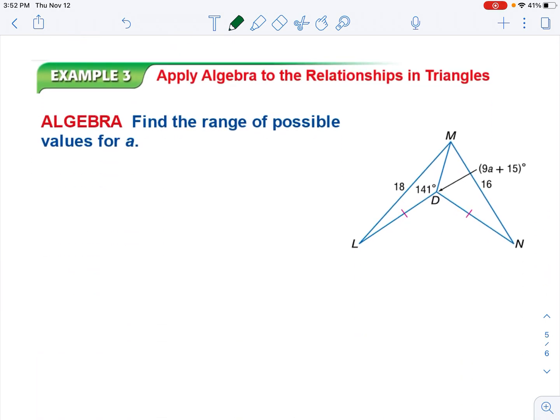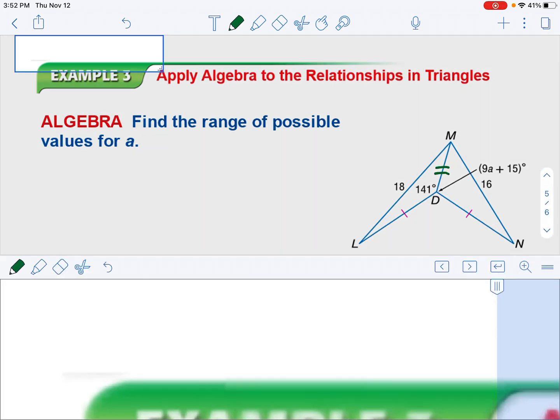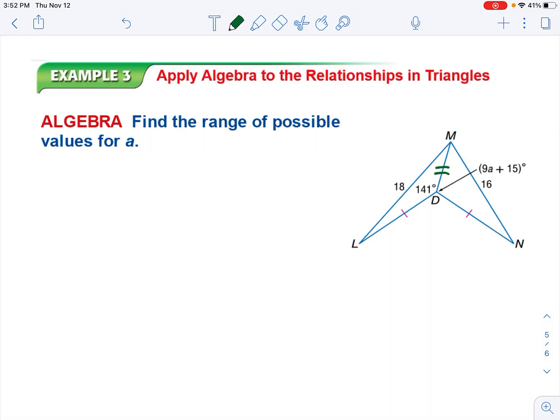Now we can also find a range similar to what we did in 5.5 of values for A. So what we first want to do is figure out if 141 is greater than or less than 9A plus 15. Now, if we look, the opposite side of 141 is 18 long.